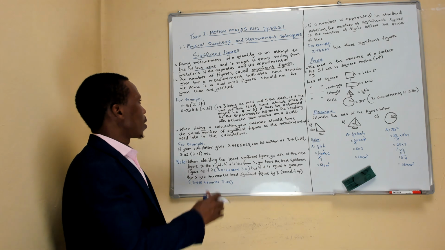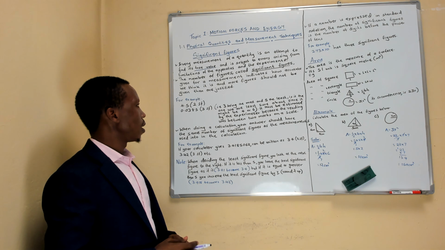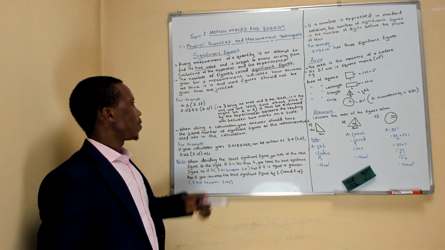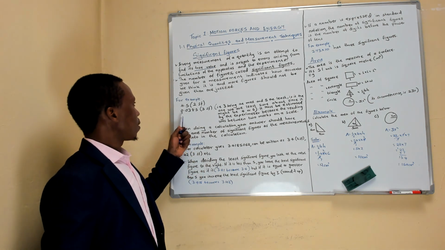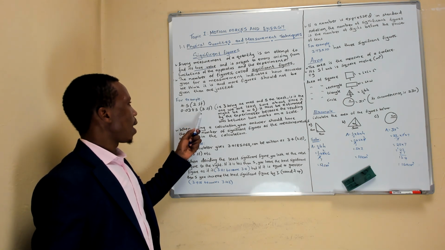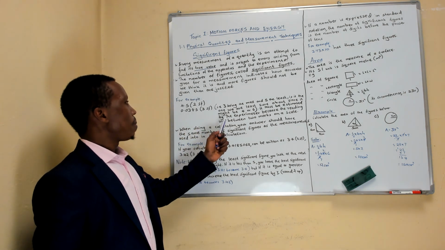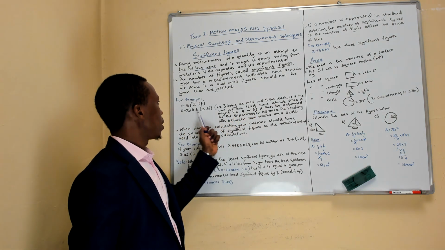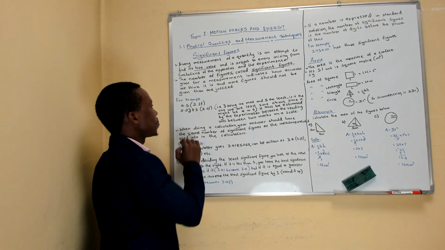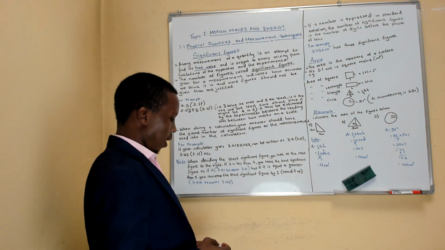For example, a value like 4.5 has two significant figures, and a value like 0.0385 has three significant figures, that is 1, 2, and 3, whereby 3 is the most significant figure, the one with more power, and 5 the least significant figure.